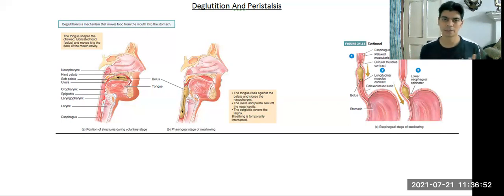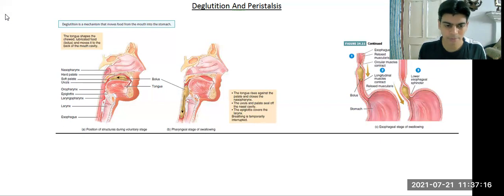When the food is moving in the esophagus, this is again an involuntary movement. When food moves from the esophagus to your stomach, again you have no control over it. This is the third stage of swallowing, which is an involuntary stage.